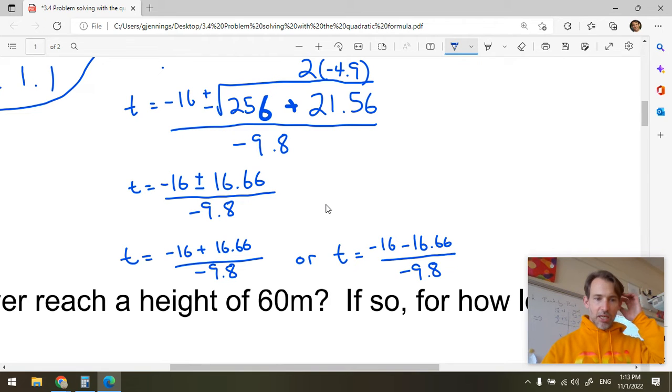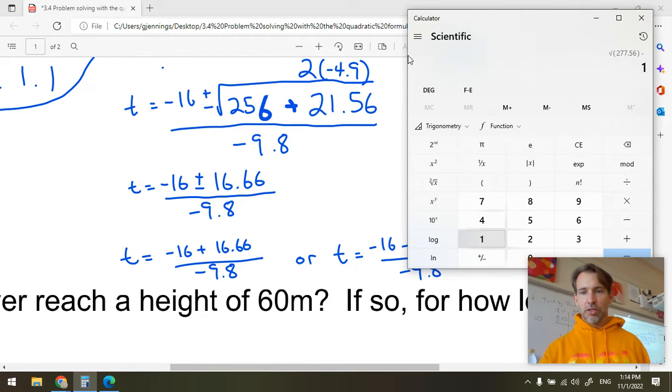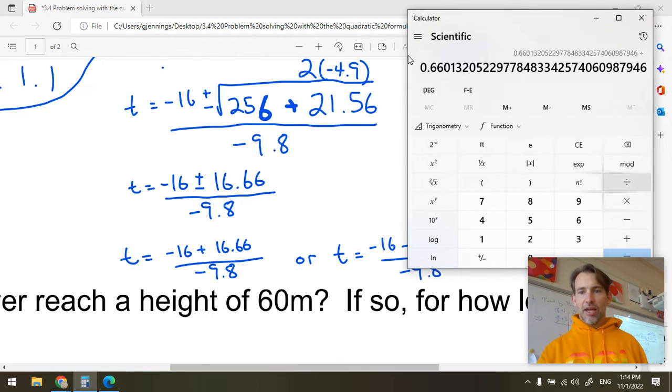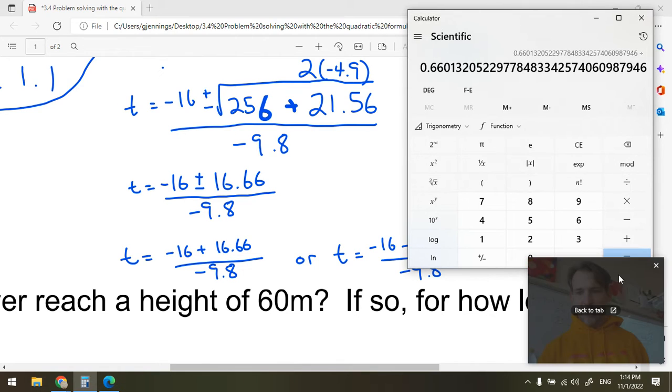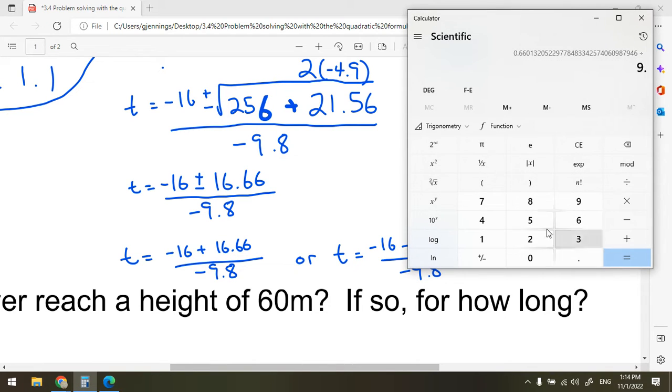Evaluate each independently. So here we go. This is 16.66. I am going to do the first one, subtract 16. That gives me this number. Divide that number by 9.8, but it's negative.